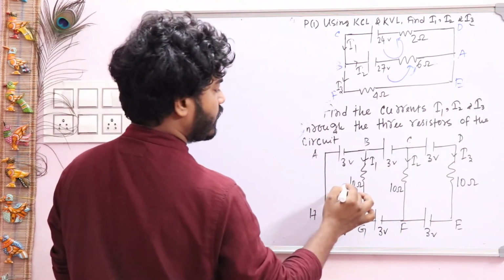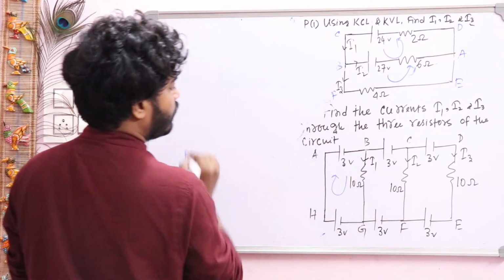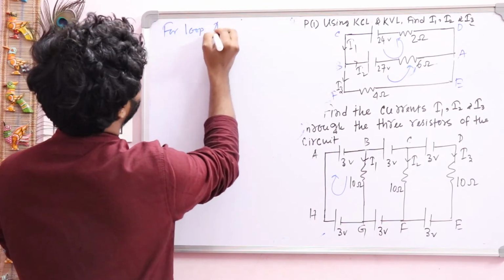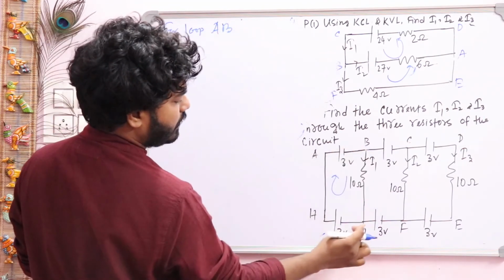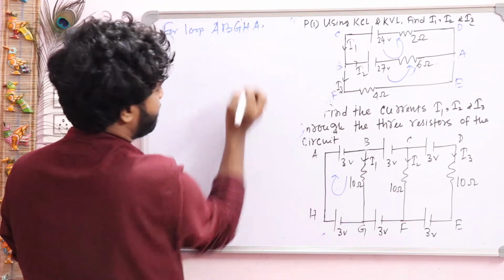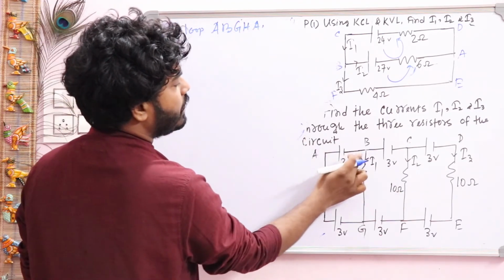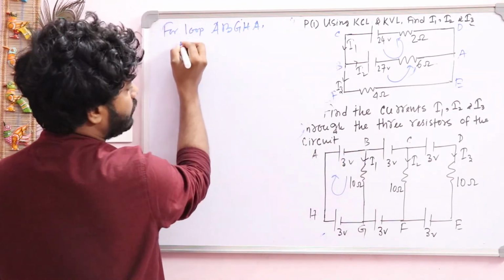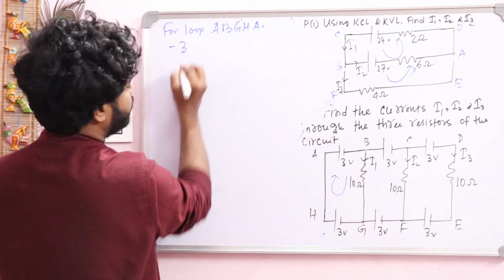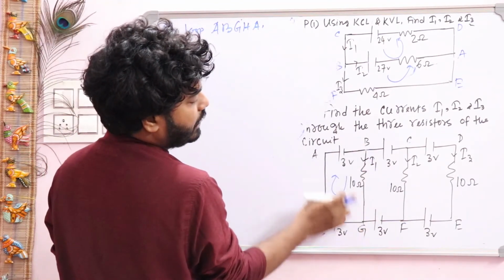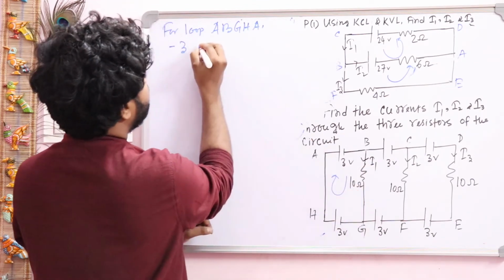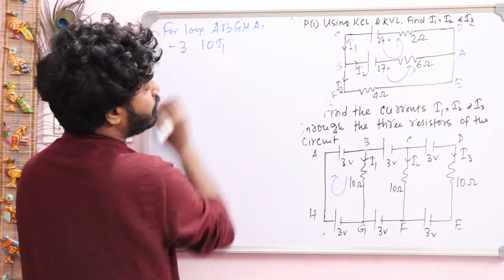So at first I am considering this one. For loop A B G H A, write it down. You just see A to B, positive to negative, that is negative, minus 3. Now B to G, here current I1, resistance 10, so this one will be 10 I1, but positive or negative?